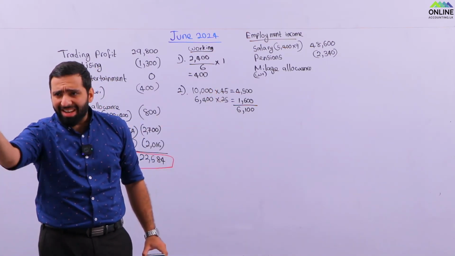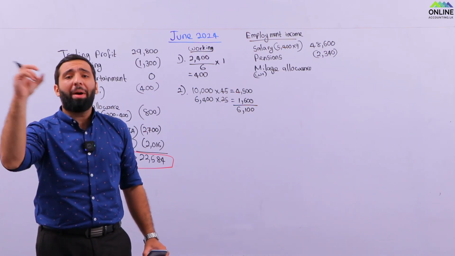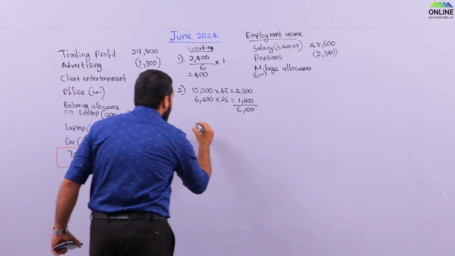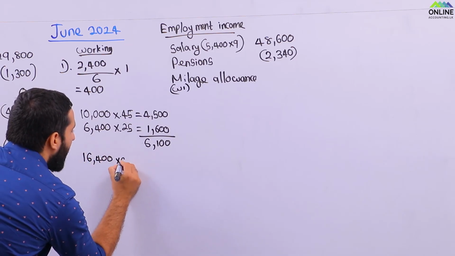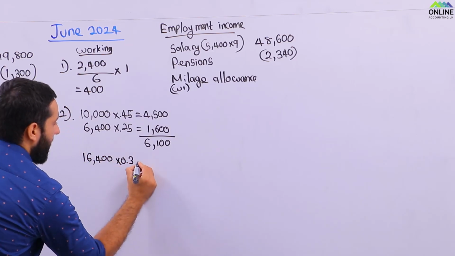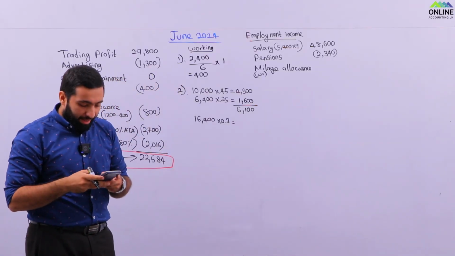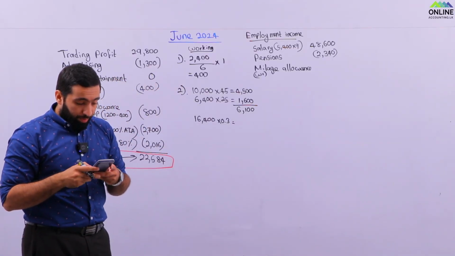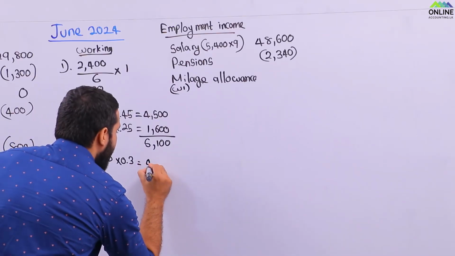It is clearly given in the question. Yes, 16,400 multiplied by 0.3. Okay, this is what this person has been paid. Yes, so he has been paid 4,920.